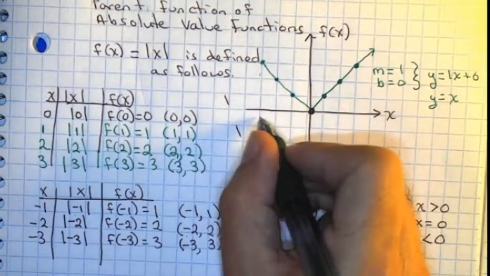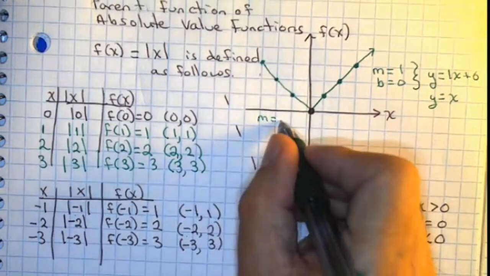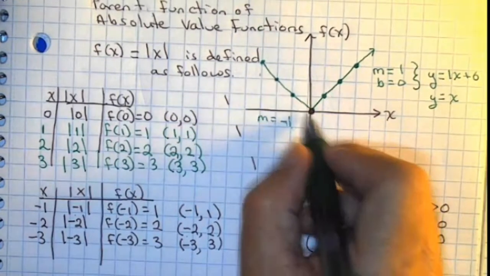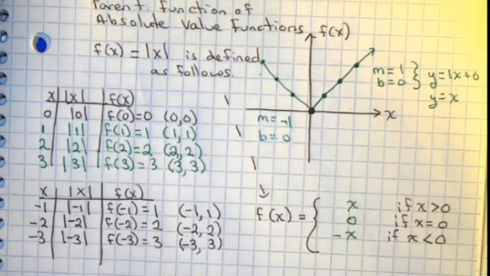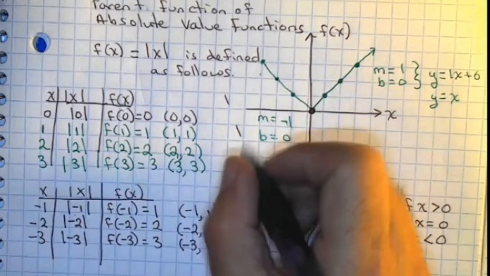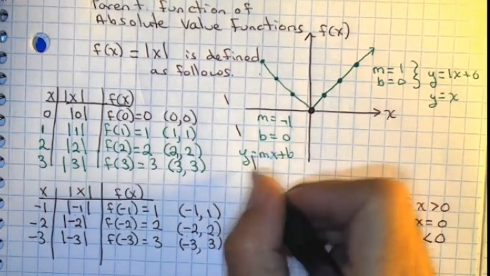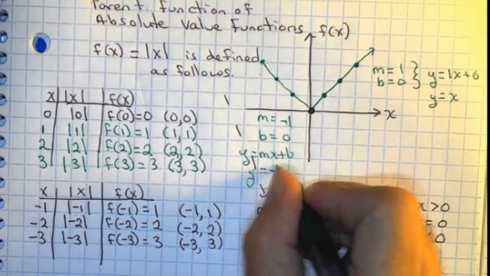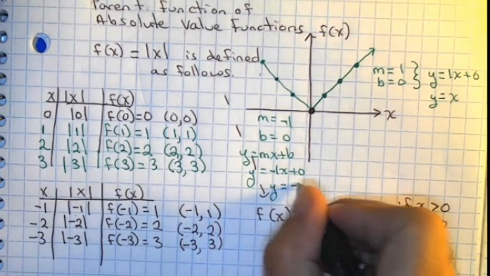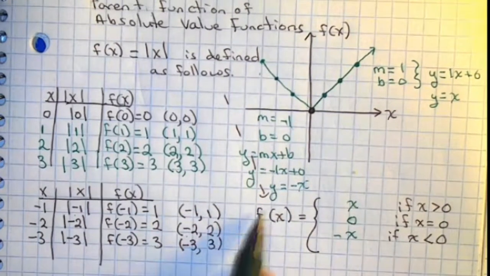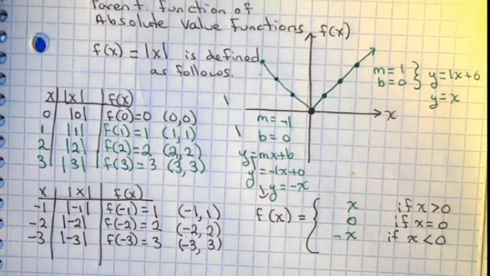So our slope on the left-hand side of that vertical axis is -1, and the y-intercept would be equal to 0 if I extended the line. So my equation is y equals mx plus b, and y equals -1x plus 0, or just y equals -x. Y, or the f of x, equals -x.